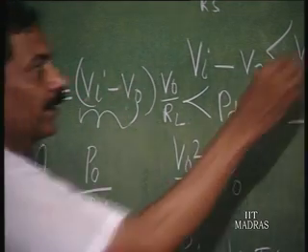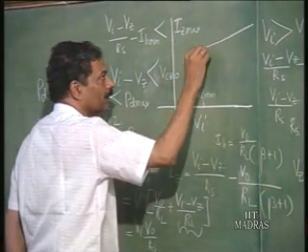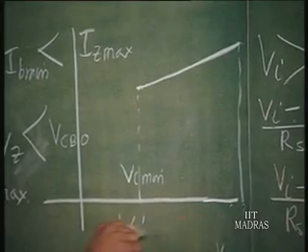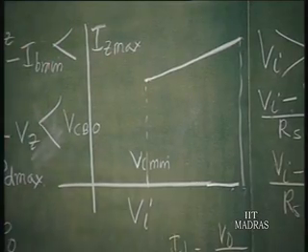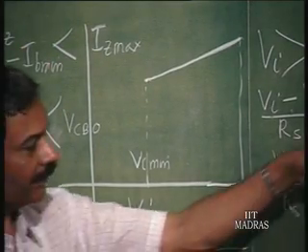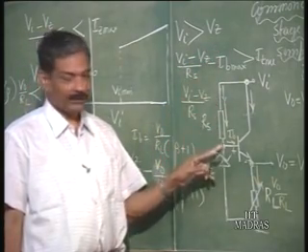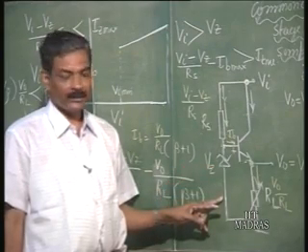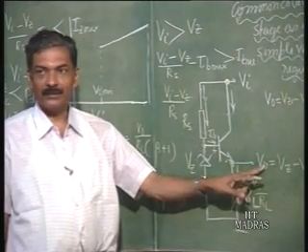So, with this information you can plot this characteristic of V I as it varies. How does V naught vary? Why should it vary? Let us say if V I is increased, this current is going to increase. If this current is increased, this voltage is going to increase. If this voltage is increased, this output voltage is going to increase, right.